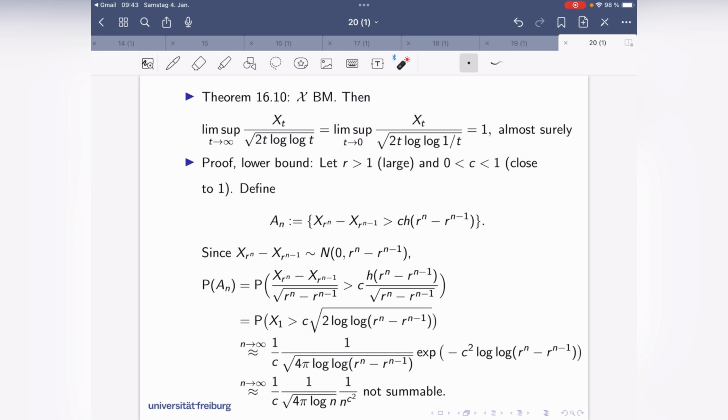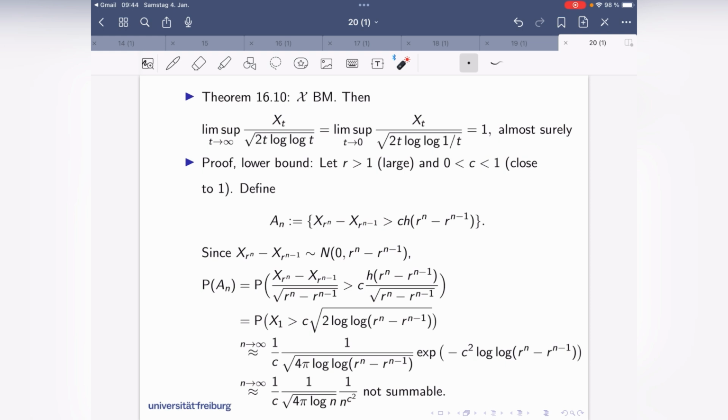Again, we will need our basic estimate for the normal distribution: 1 over this thing times phi evaluated at this thing. So 1 over c times the square root of 2 log, 1 over the square root of 2 pi comes from the phi, and e to the minus this thing squared divided by 2 is e to the minus c squared times log.